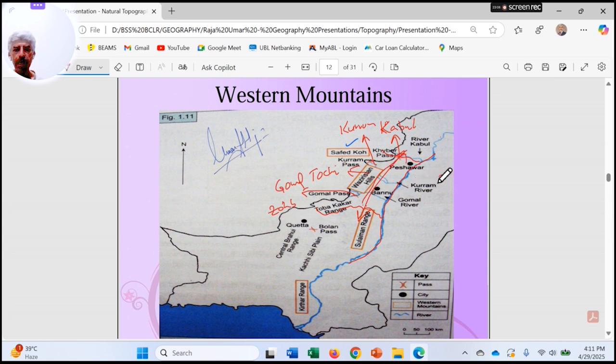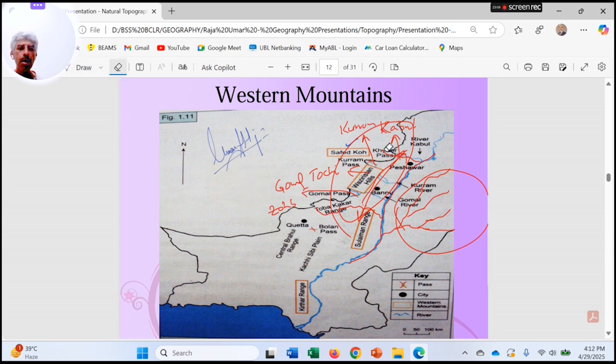We studied the other day that river Jhelum, Chenab, Ravi and Sutlej are eastern tributaries of river Indus, as they are on the eastern side of river Indus. But river Koram, river Tochi, river Gomal and river Zhob are the western tributaries of river Indus, as they pour their waters into river Indus from the western side.